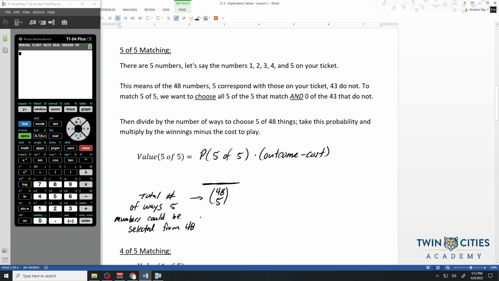Now we're going to break this up though, because of those 48 numbers, 5 of them are on my ticket, and 43 of them are not on my ticket. And of the 5 on my ticket, I want all 5 to be called.